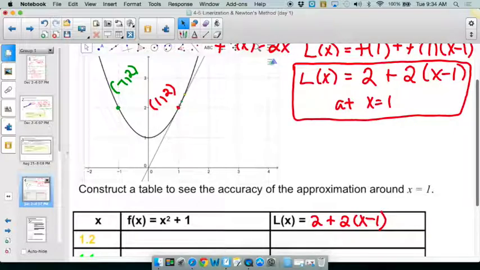And what I'm going to have you do is complete this table. So I'm going to have you take a second to complete it. I want to know what the value of the original function is at those different values.